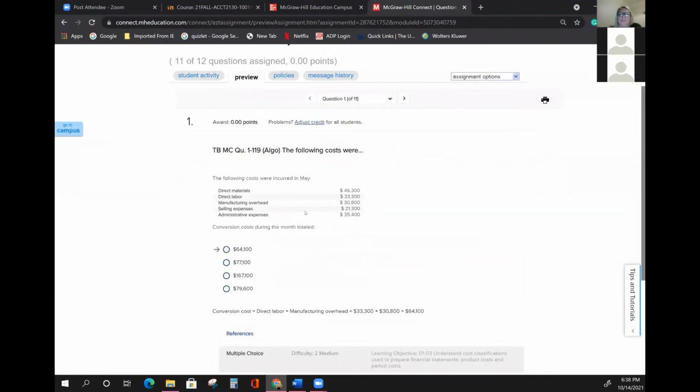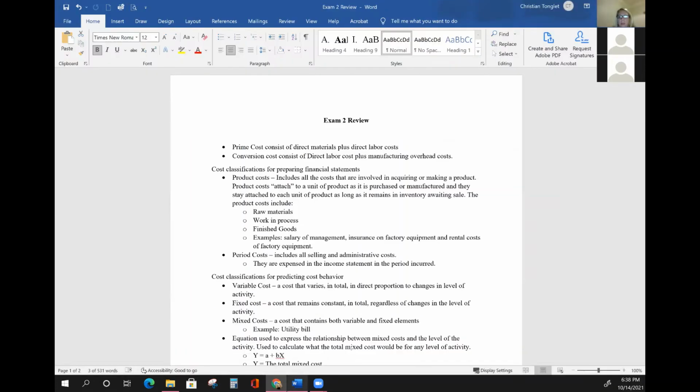Okay, so here we have a list of the direct materials, direct labor, and this goes back to what I was telling you on your sheet, that if they give you a list and they ask what its conversion cost is, you have to know which ones are conversion cost. So if you memorize this, you'll be able to calculate the answer.